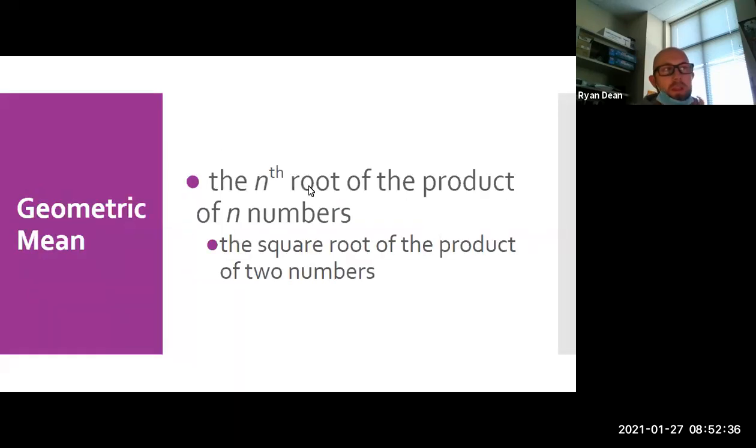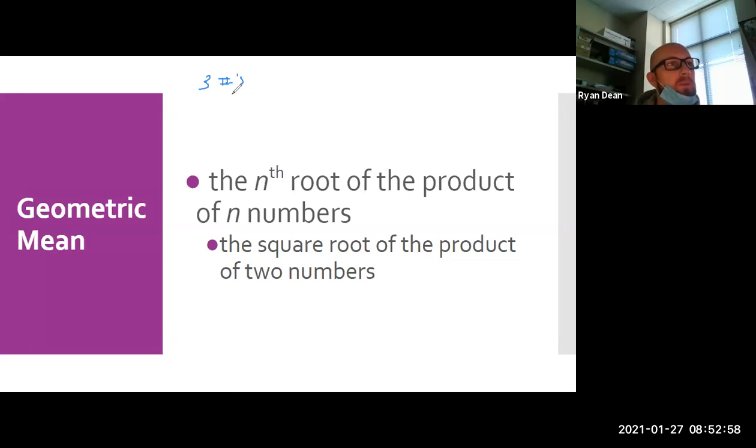Coming back to our definition and what it means, the nth roots of n numbers. Let's just say that I have a set of three numbers. It can be any three numbers, it doesn't matter which.